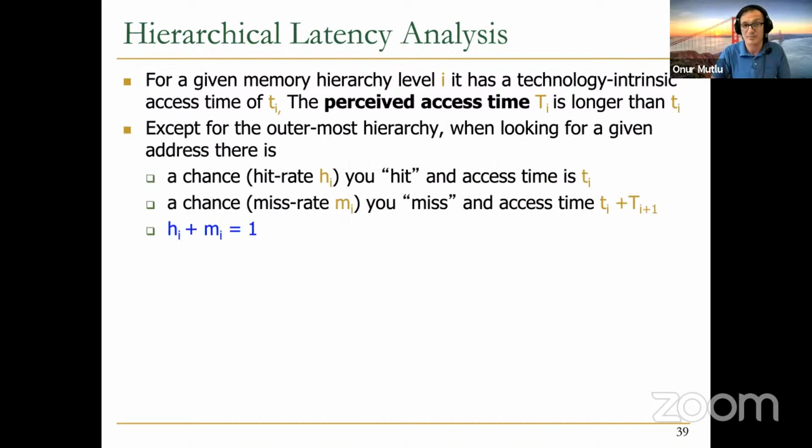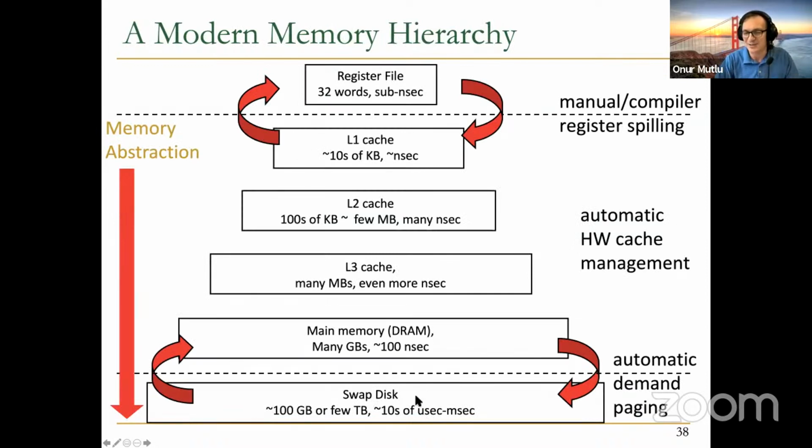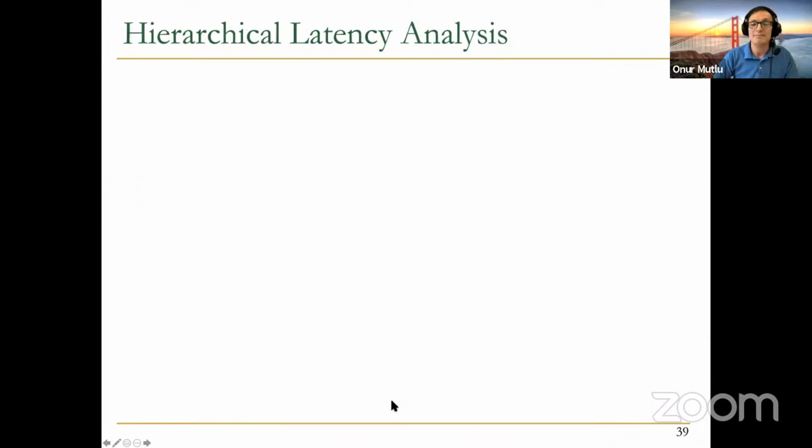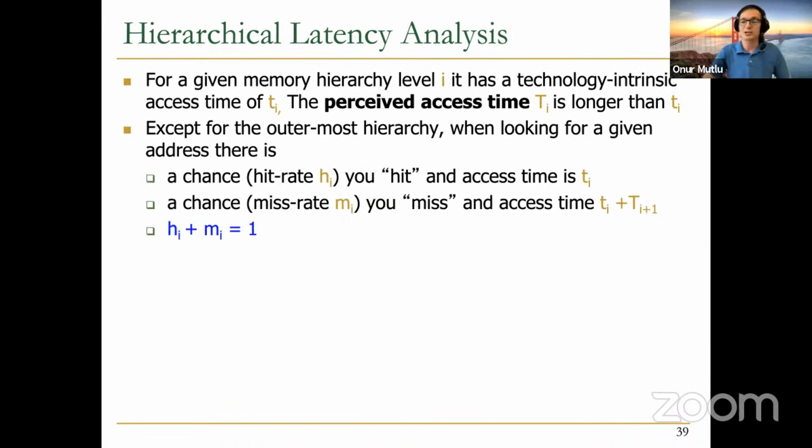Because it's caching. Except for the outermost hierarchy, which is really the swap disk in this case, or main memory if you ignore the swap disk, there's a chance whenever you query a particular memory structure or cache structure that you're going to hit, and there's a chance you're going to miss. The probability that you're going to hit is called a hit rate. You hit in the cache, which means that you find the data in the cache, and the access time is small ti, the intrinsic access time.